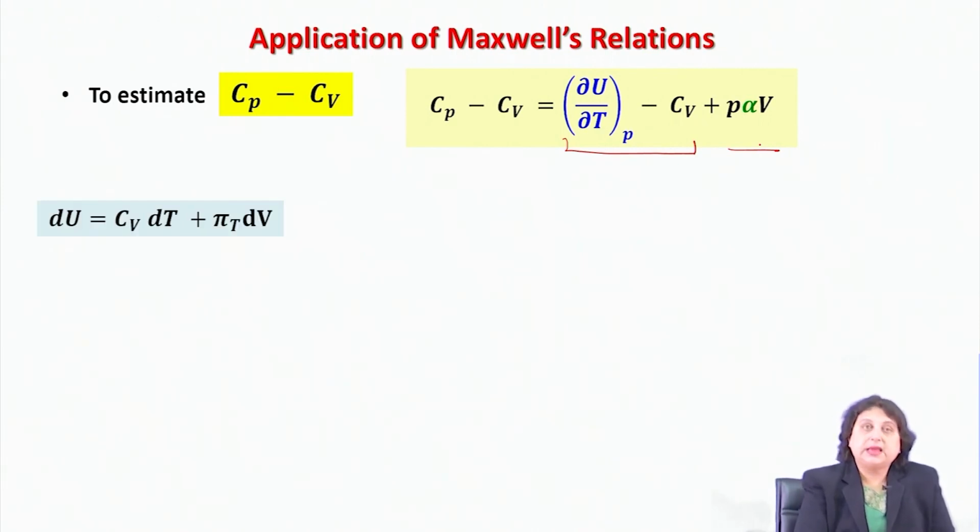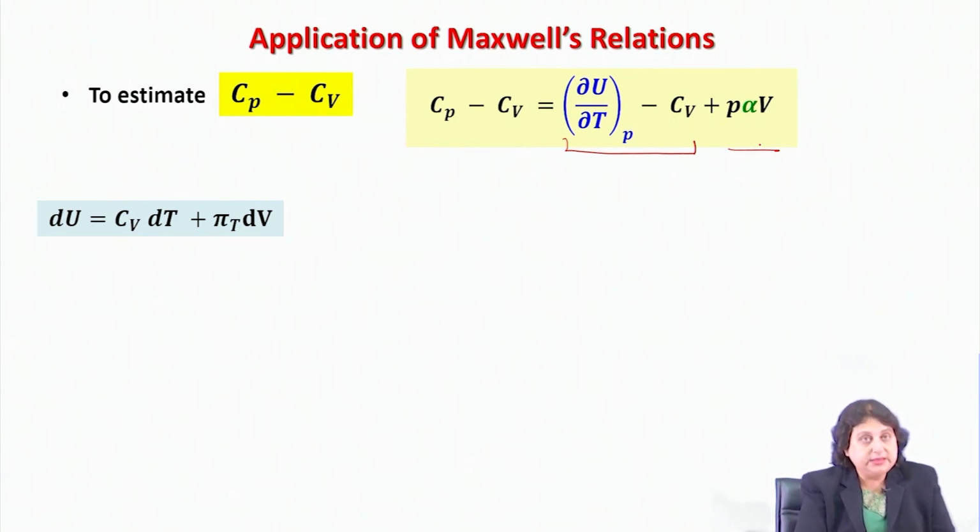Now, I will once again use the fundamental equation of thermodynamics. I have written dU is equal to Cv dT plus pi_T dV, where Cv is the specific heat at constant volume of the system and pi_T is the internal pressure.